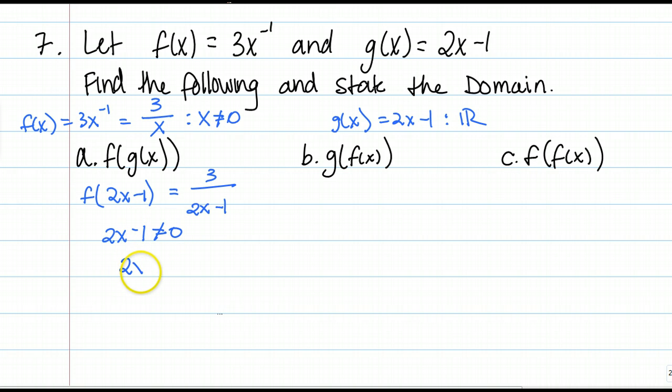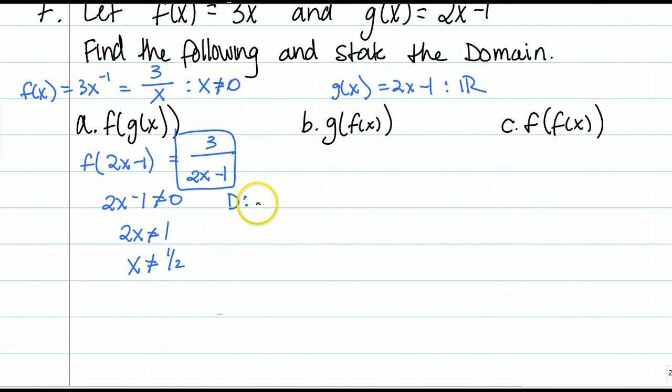Add 1 to both sides, 2x cannot equal 1, so x can't equal 1/2. So f of g of x is our answer that we just got, and our domain is all real numbers except for x cannot equal 1/2. And that would be our answer for part A.